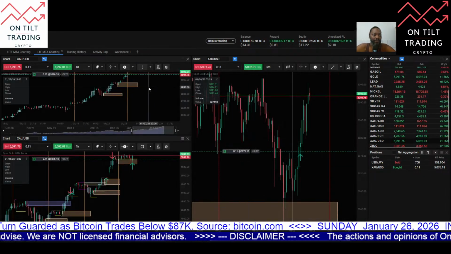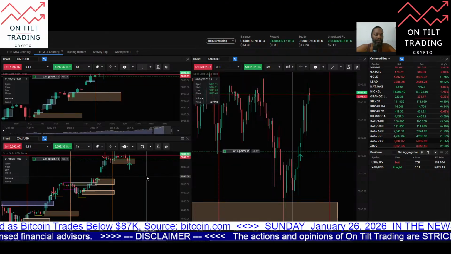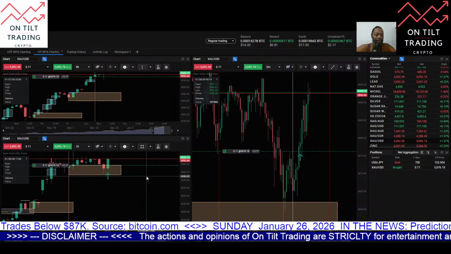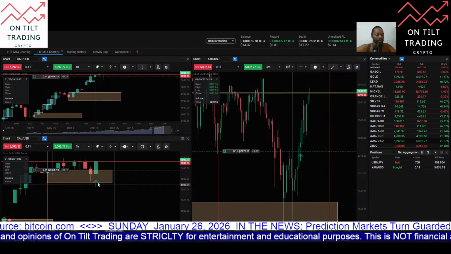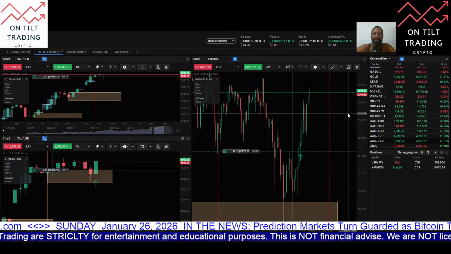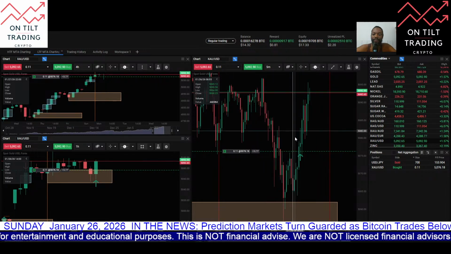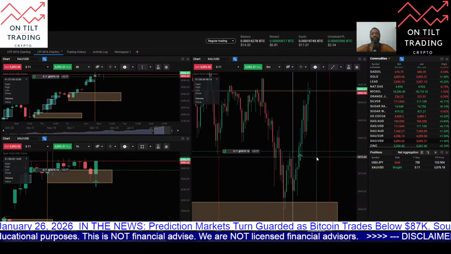You can see price still being delivered to the buy side overall here since my entry. Still has yet to put in a market structure shift to the buy side on the 1 hour chart, but is close to doing so.